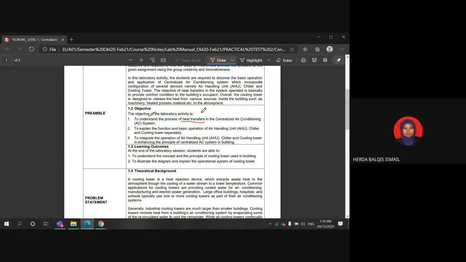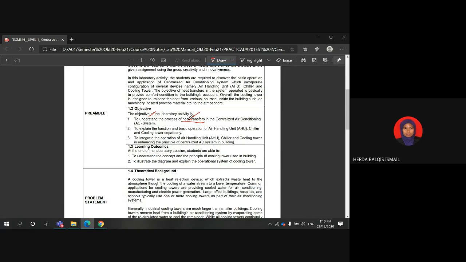When we talk about heat transfer, it means that we want to reject the heat indoors, in the building, to the atmosphere or to the outside.